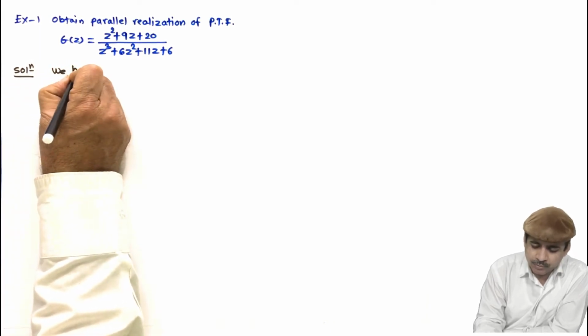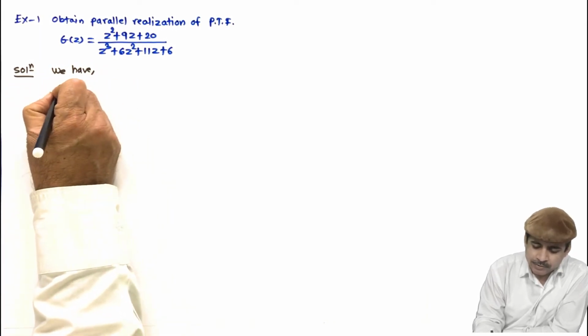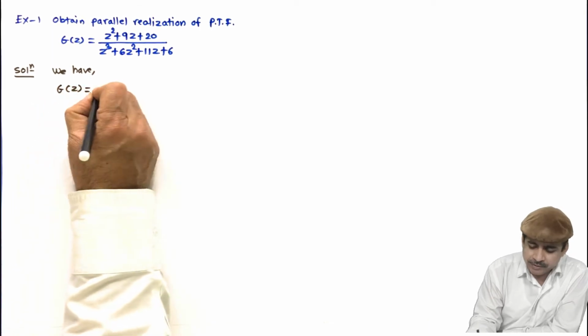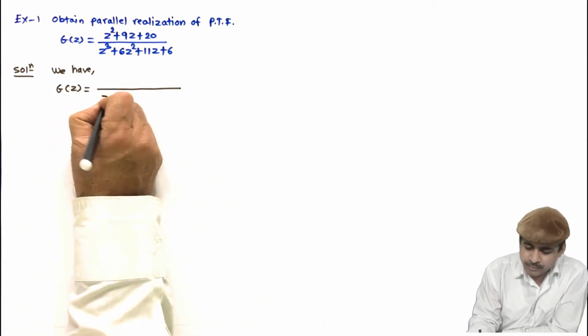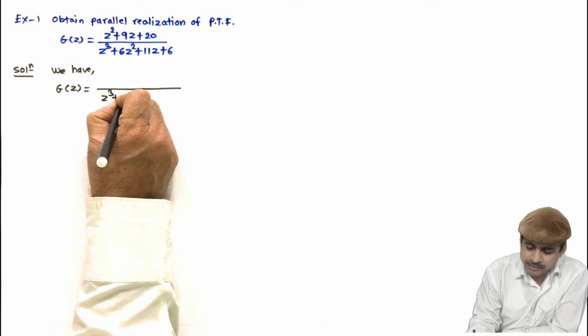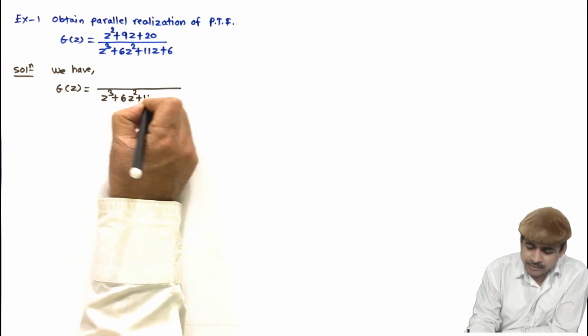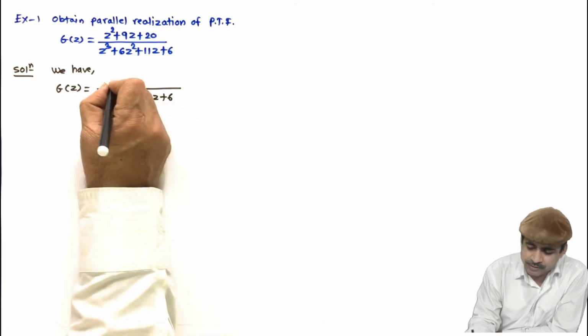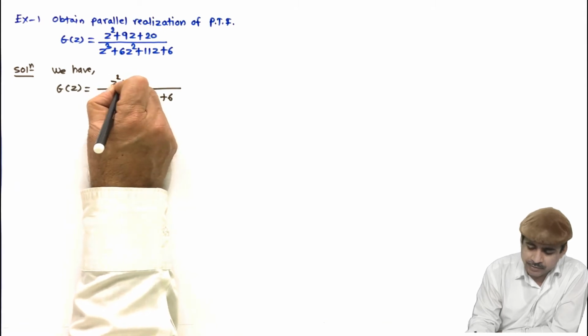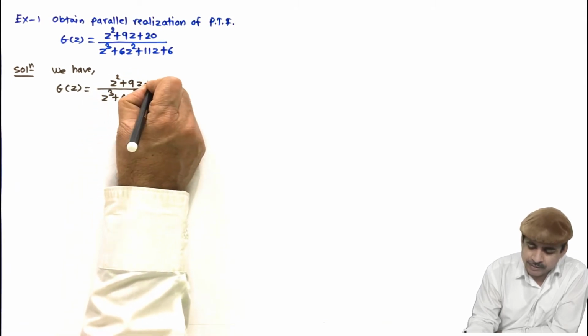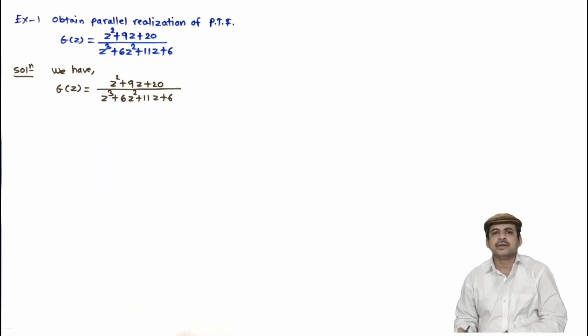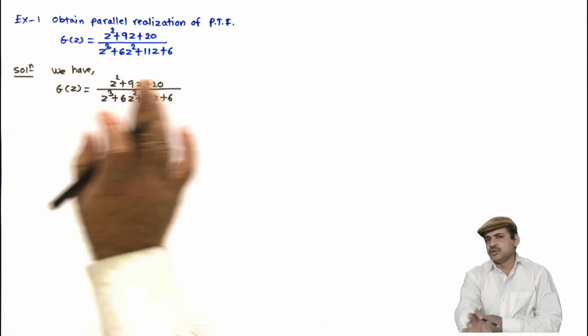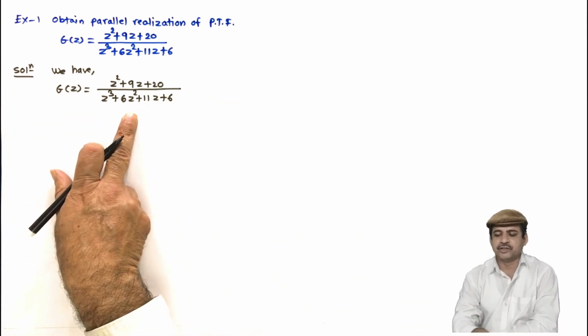So we have G(z) equal to z square plus 9z plus 20 upon z cube plus 6z square plus 11z plus 6. No need to factorize the numerator, but you have to factorize the denominator.